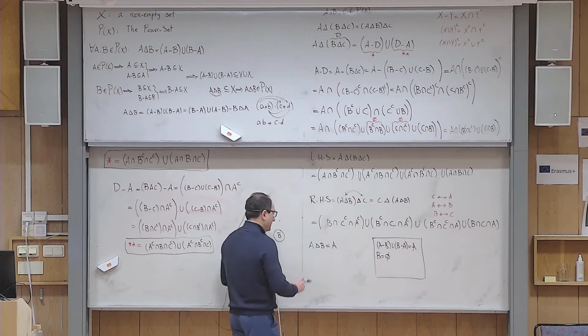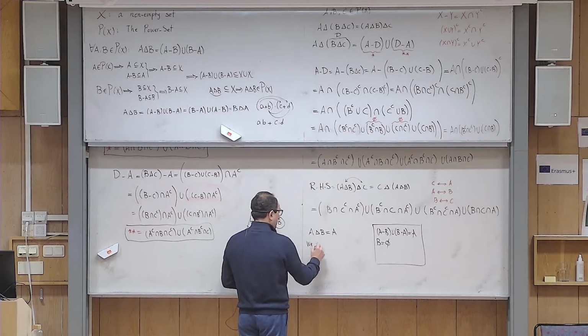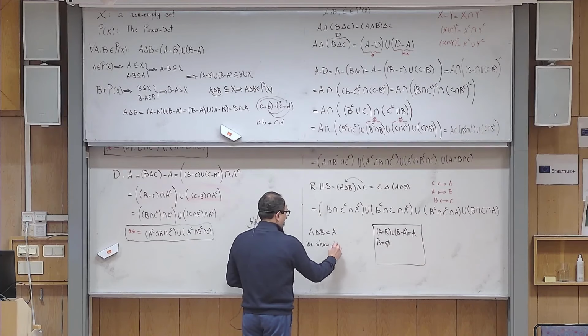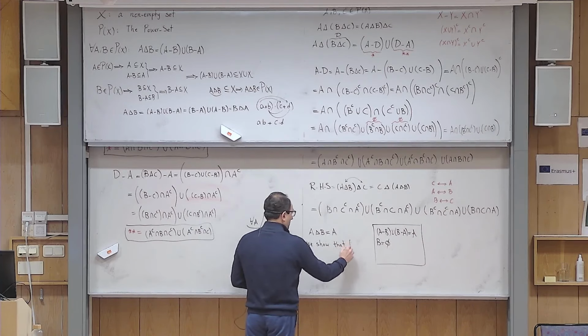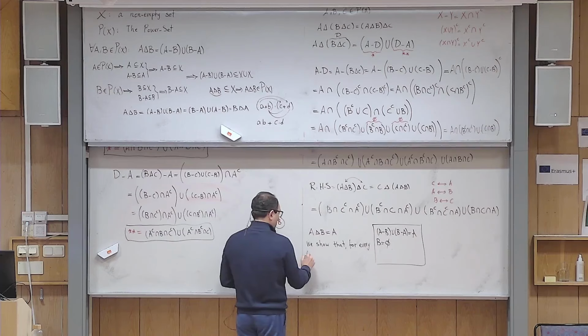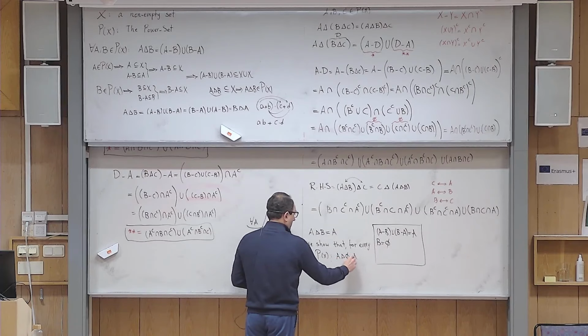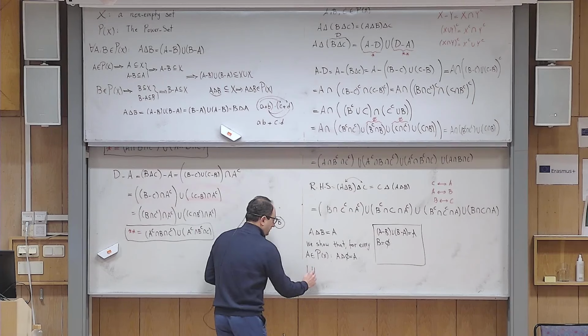So you say that we show that for every A in P of X, A delta the empty set is A, and then you start from the left-hand side.